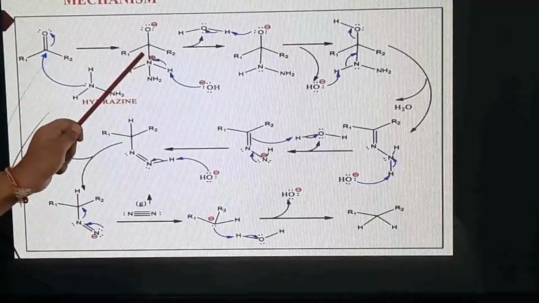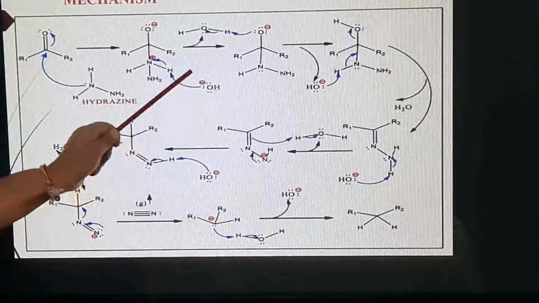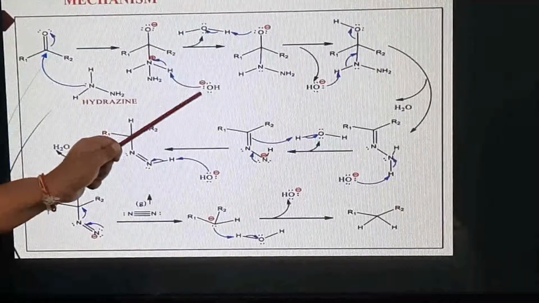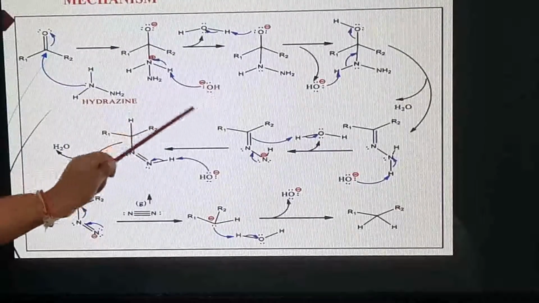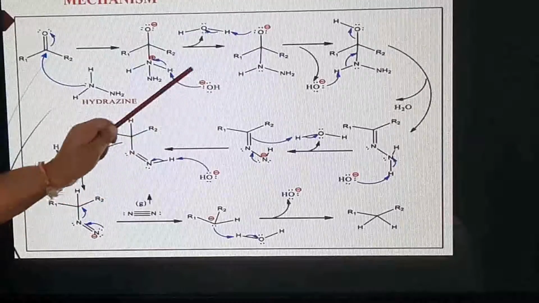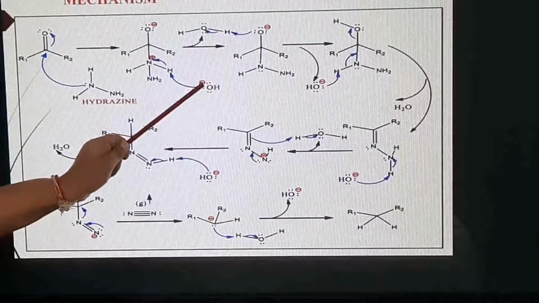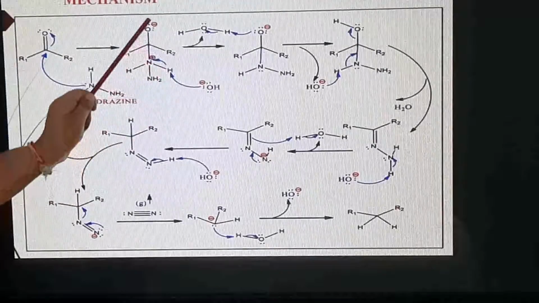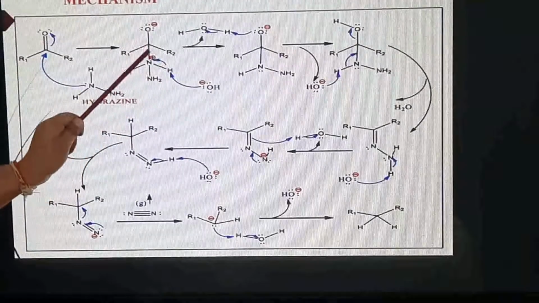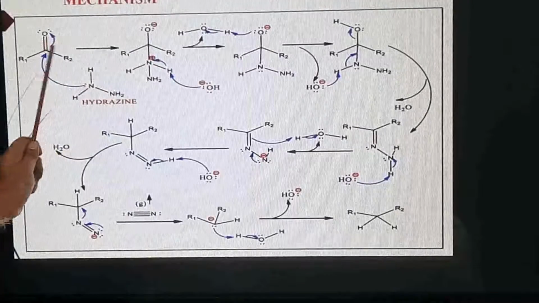Next, this reaction takes place in the presence of the base KOH. It can readily give OH minus ions. That's why the base is required. This OH minus readily takes a proton from this intermediate molecule. Simply, this is the hydrogen of the ketone.